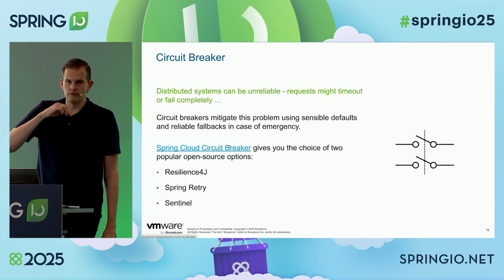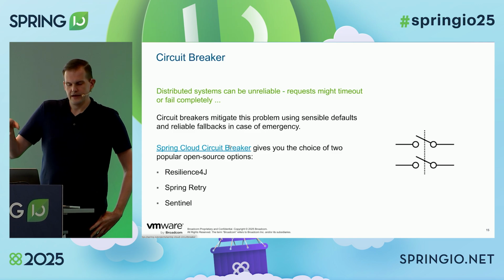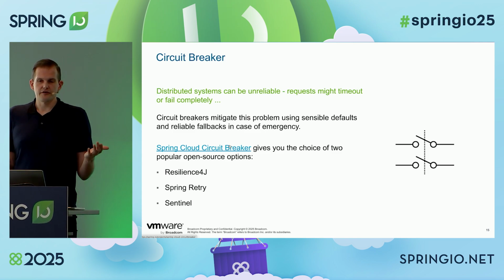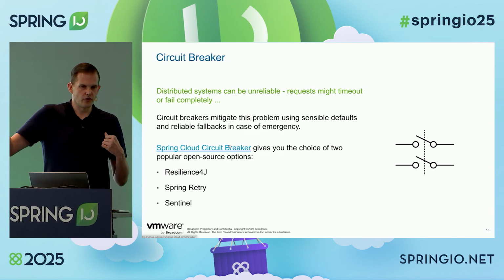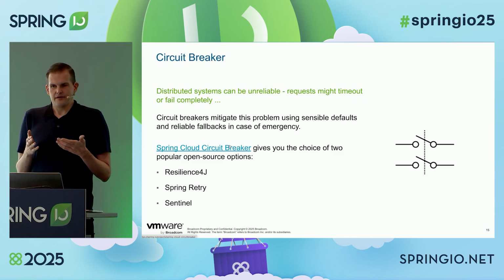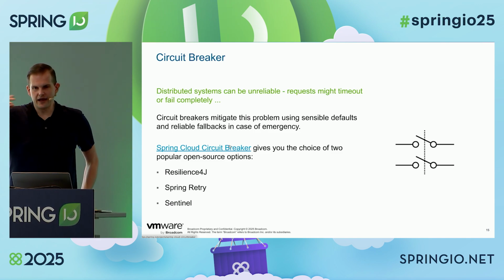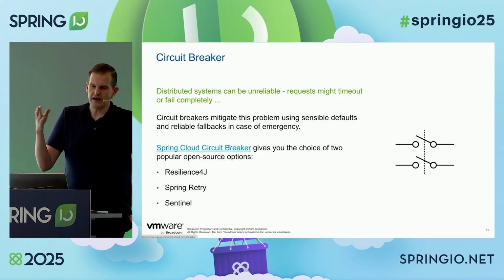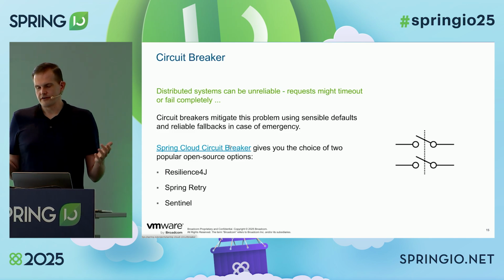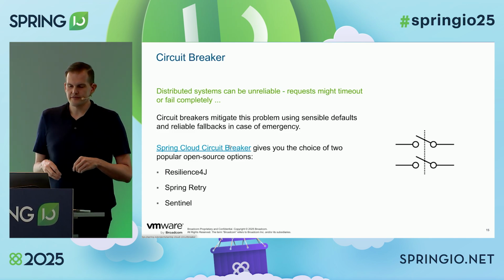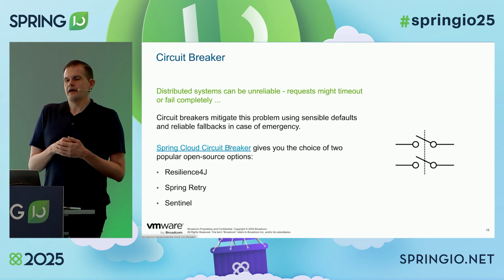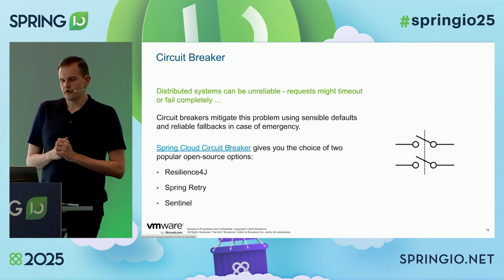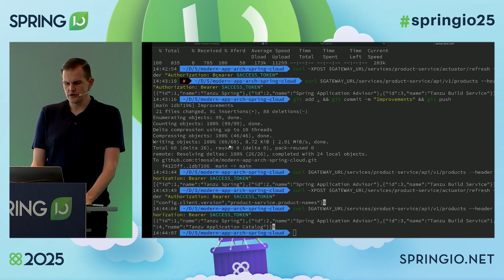Because if there's a lot of demand, and because of that the timeout grows and grows, and you still try to get the information from the service, even if it times out, it will never recover. Therefore the circuit breaker helps with that, because it provides a default, and then after some time hopefully the service has recovered. How do you implement that?